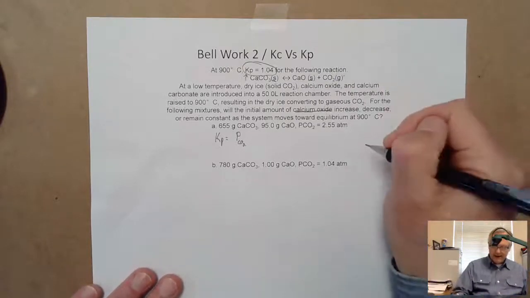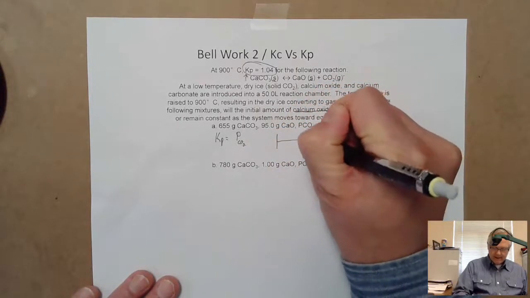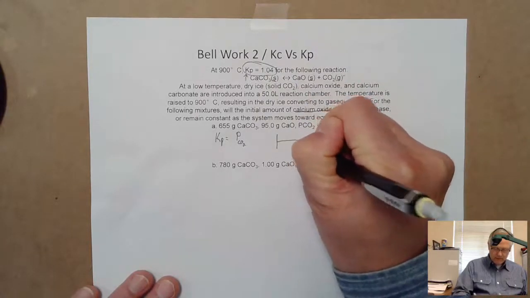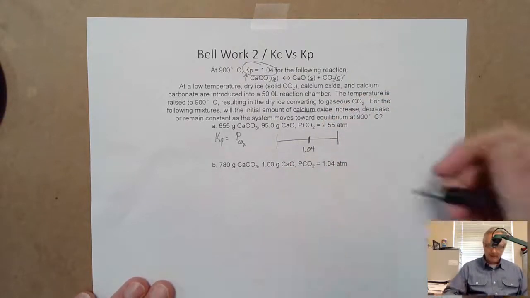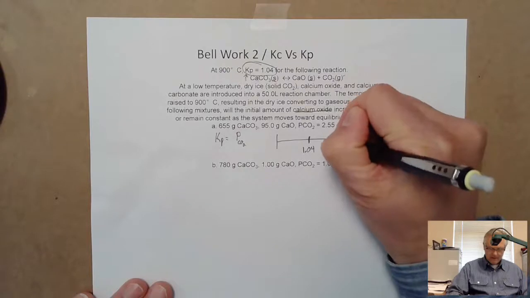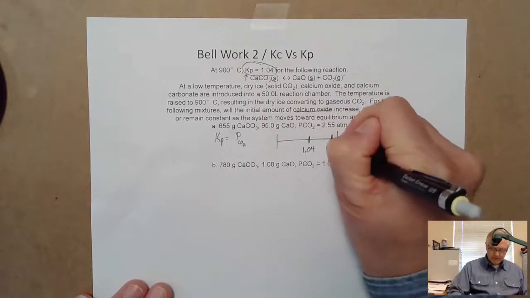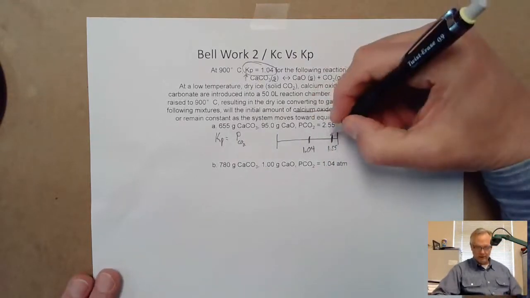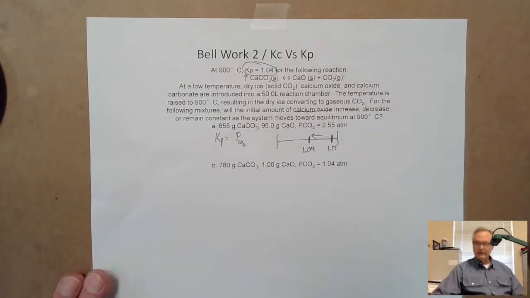So knowing that, I can just go through and do my number line. I know that my KP is 1.04. Now, in the first example here, they tell me that the pressure of the CO2 is 2.55. So in order for that to go back to equilibrium, I'm going to have to move in that direction, which tells me my reactants are going to be favored.